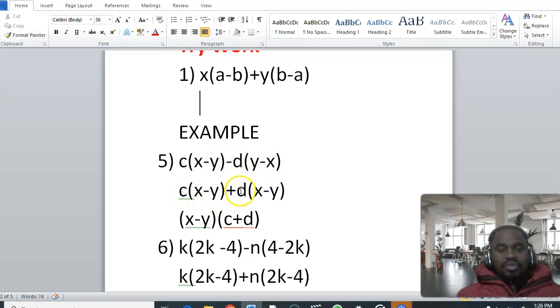Change this minus to what? Plus. So it's going to be plus d. Then minus x is going to be x. Then plus y is going to be minus y. So they are the same, they are common. So we are going to have x minus y into bracket c plus d.